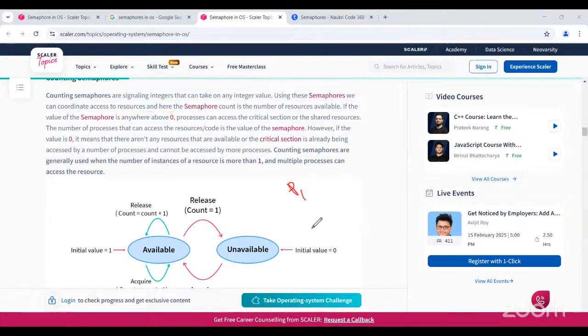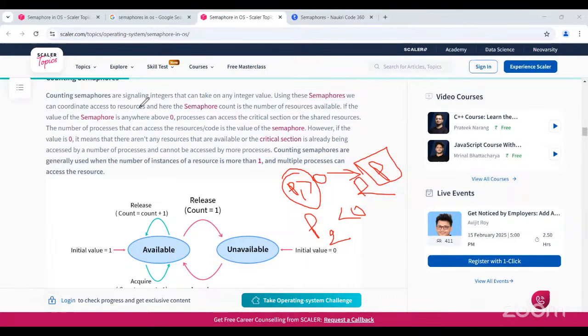This is process one, this is process two, and there is a common resource, the printer. This process one is greater than zero, and this process two is less than zero. As process one is greater than zero, it will access the printer resource.